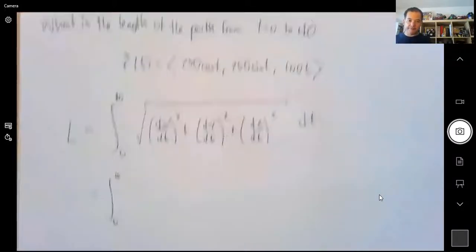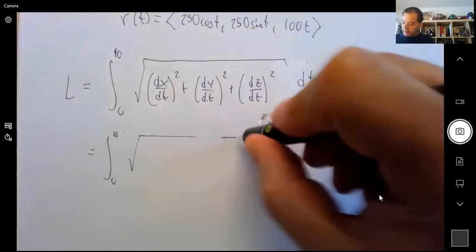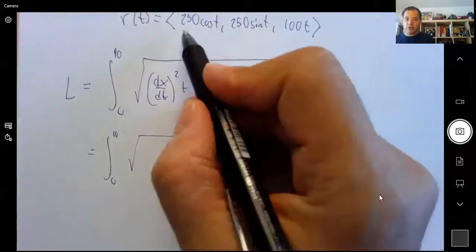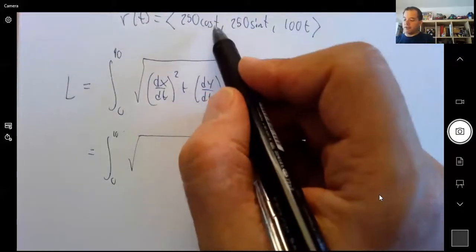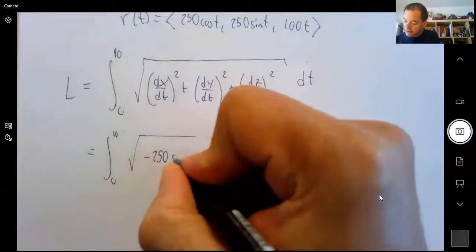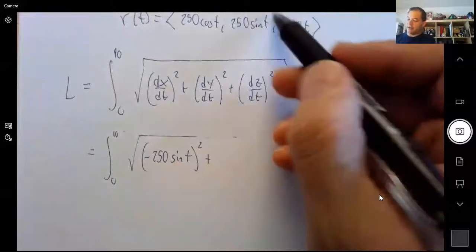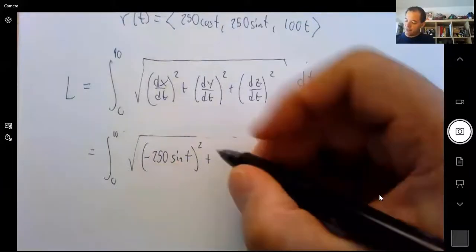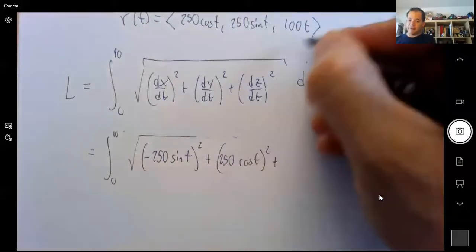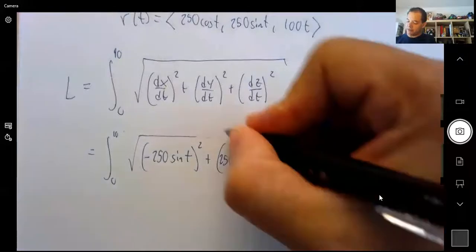Let's do it. What is the derivative of x? Right here, 250 cosine. The derivative of cosine is negative sine. So it's negative 250 sine t, quantity squared. Now the derivative of this one will be 250 cosine t, quantity squared. And last, the derivative of 100t, which is 100, quantity squared.